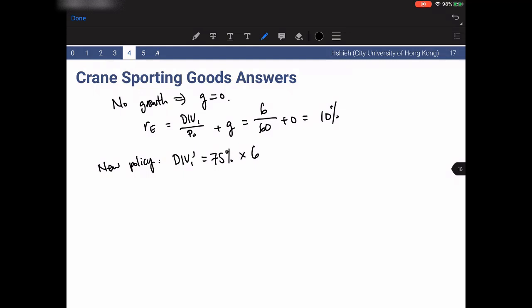And that's going to give us a dividend payout of only 4.5 now rather than 6. And what the company has decided to do is retain 25%. So I'm going to write CSG reinvests. I'm going to use B prime to indicate that it's a different earnings retaining policy. So B used to be 0, now it's 25%. So B prime is equal to 25% of its earnings.